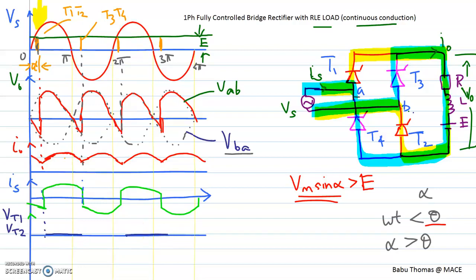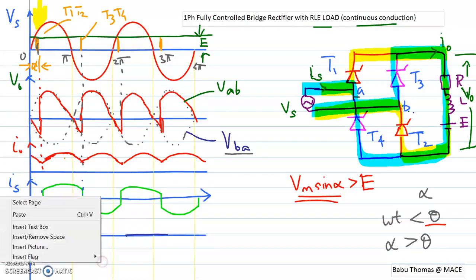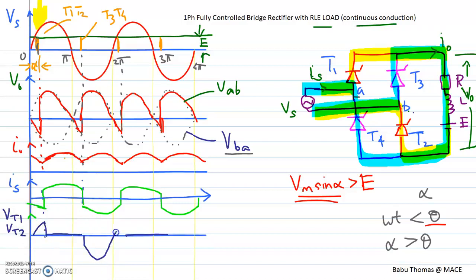So the rest of the time it will be replicating the source voltage like this. So this is for VT1 and VT2. Similarly, you can plot it for VT3 and VT4, and also IT1 and IT2.